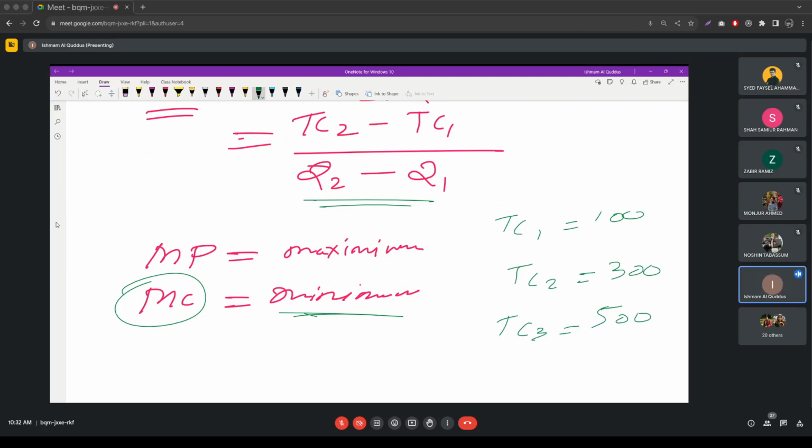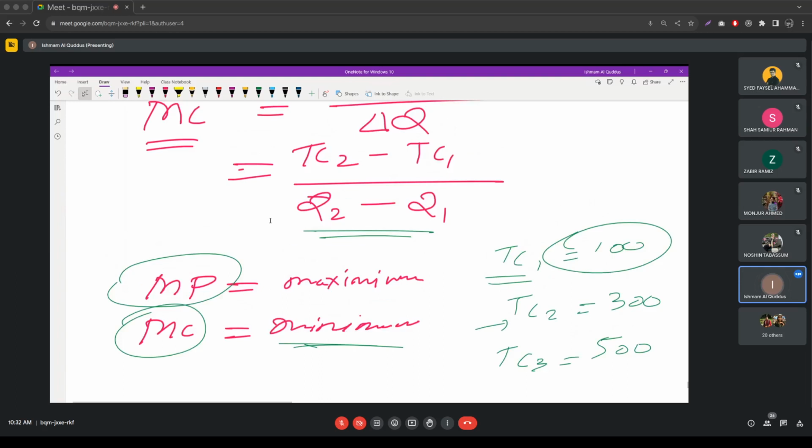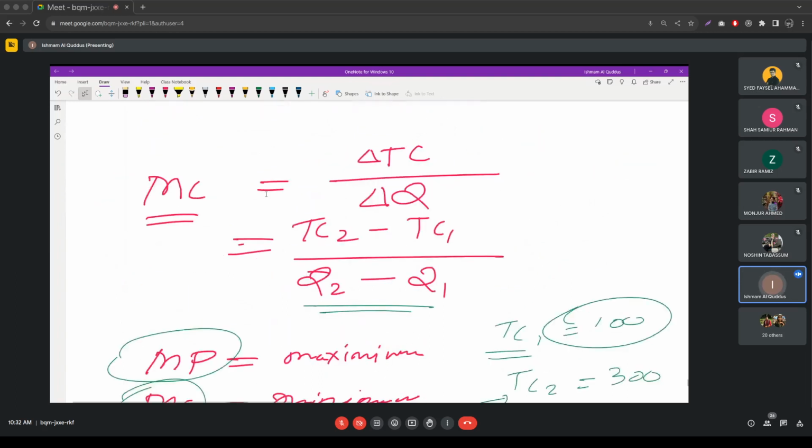Now, minimum cost would reflect this, but not necessarily is this the cost effective state. It can be 300 or 500 depending on where your marginal productivity is as well. So cost effective is a bit different thing. Anyway, marginal cost equals del TC by del Q.